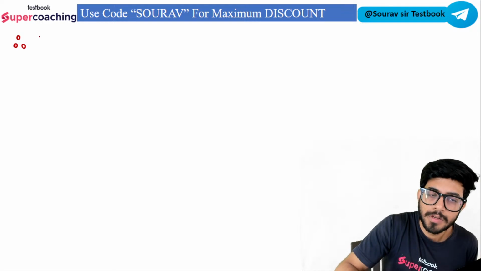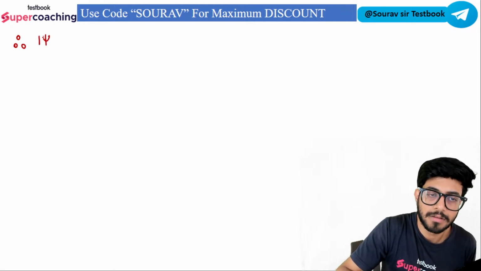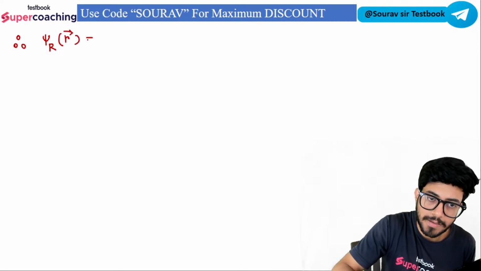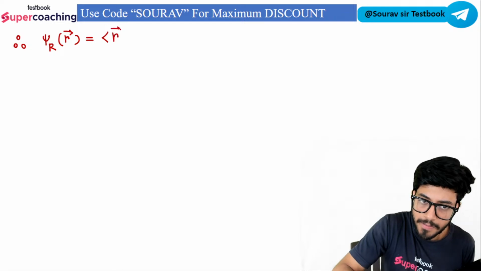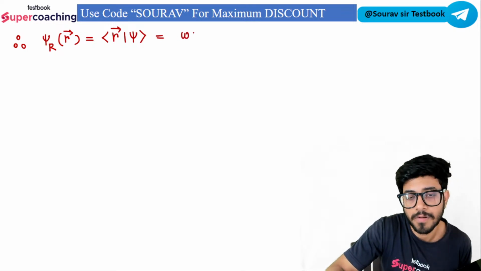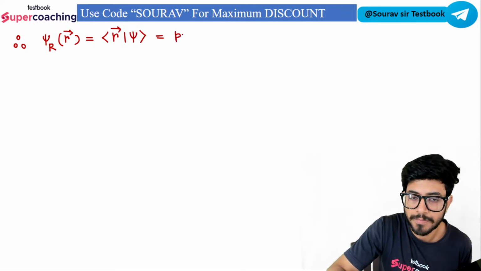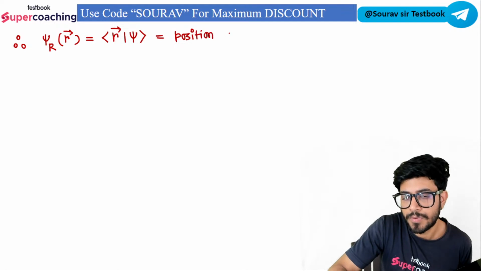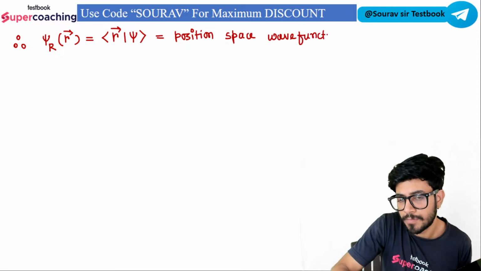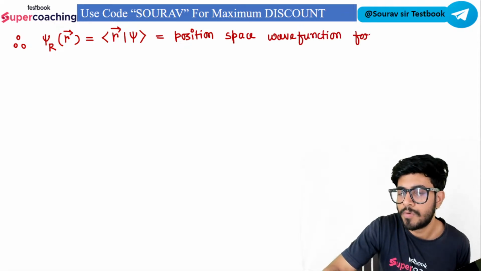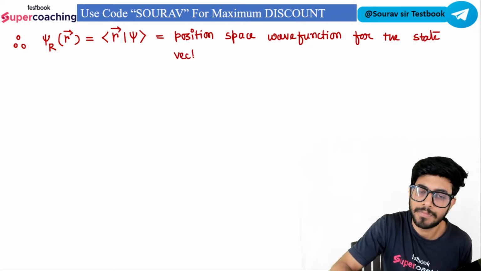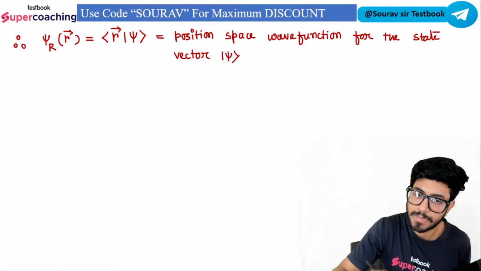Therefore, psi of r is basically the r vector inner product psi, which is the position space wave function for the state vector psi.